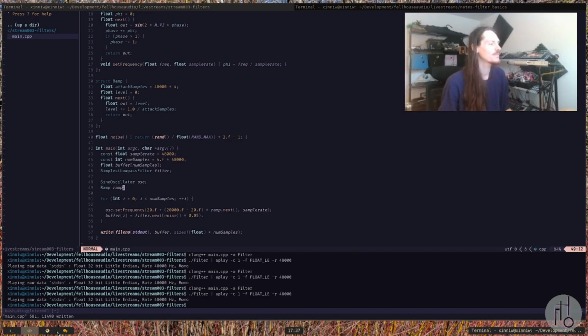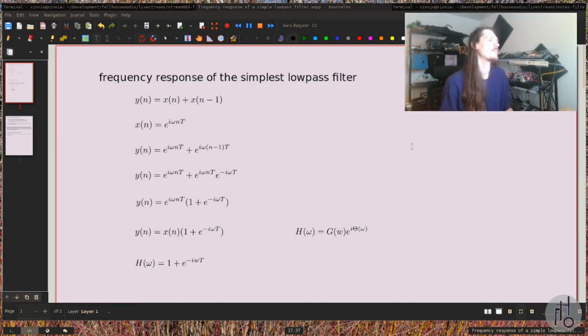So the reason that we're building this, okay. Here is what's called the difference equation for the filter that we just built. y of n is equal to x of n plus x of n minus 1, where n denotes the number of the sample, right?